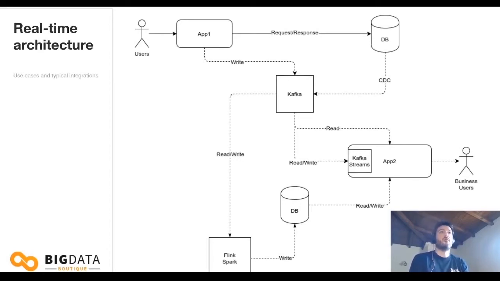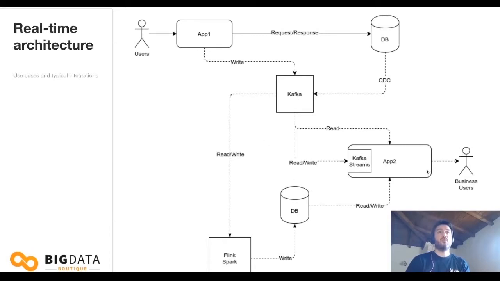Once we have that information in Kafka, we can start processing it, and for that we typically use a real-time framework. Some possibilities are Flink and Spark, as we see here, which basically read from Kafka and store that information or process it in a database, or store it again in Kafka to be used directly from another application.